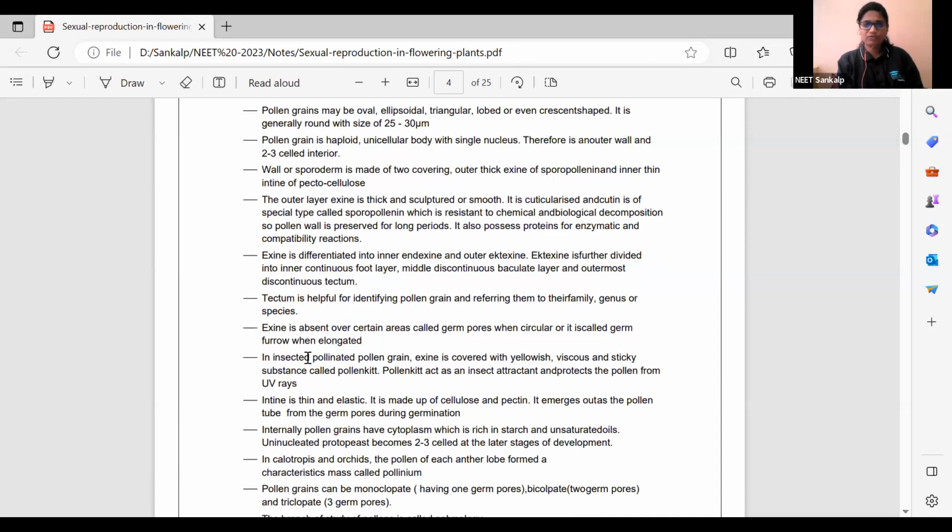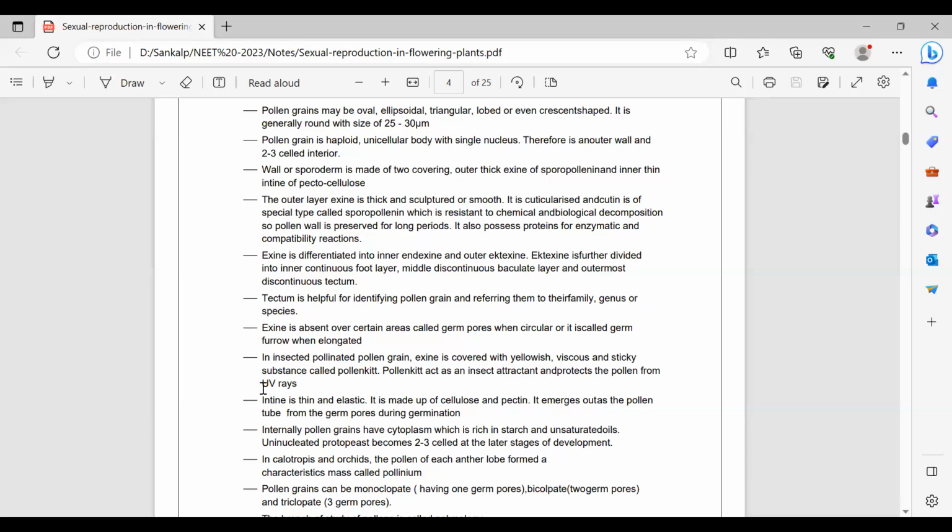Nagini, can you read out from where she left? In insect pollinated pollen grains, exine is covered with a yellow, sticky substance called pollen kit.